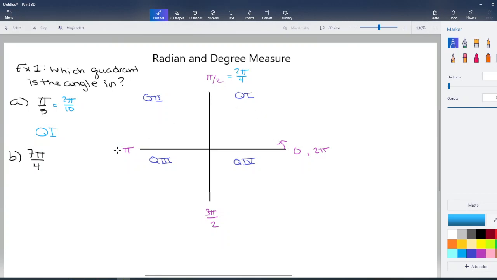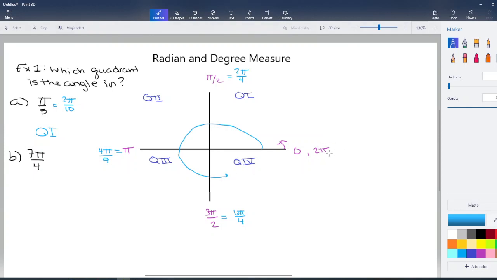Then we're going to look at pi. Well, this is going to be the same as 4 pi over 4. So 7 pi over 4 is bigger than that too, so we're going to keep rotating past that flat angle. What about this? This is going to be the same as 6 pi over 4. So it's bigger than that too. So our angle is opening up past this, past pi, past 3 pi over 2.